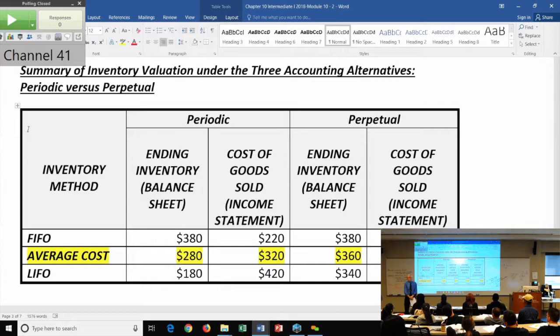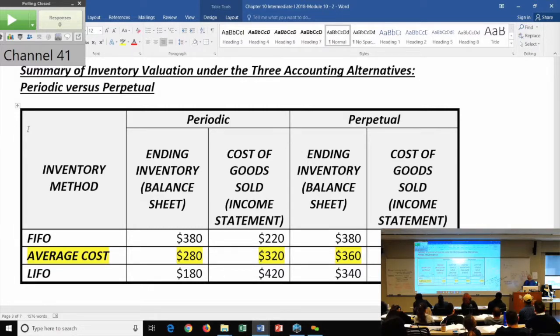What other ratio does LIFO bias? Well, we talked about inventory turnover. Inventory turnover is cost of goods sold divided by the average inventory. We're going to go back to these ratios in the cycle.